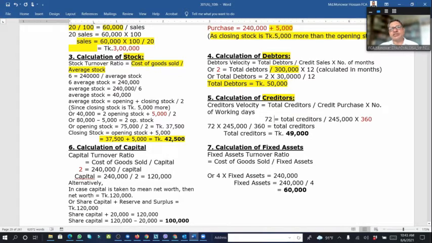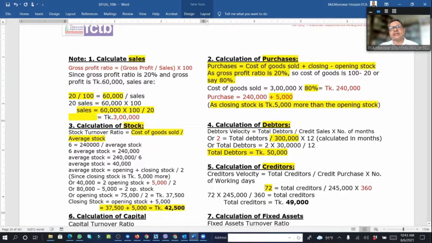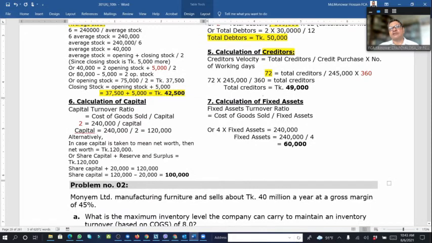So the velocity or turnover 72 equals total creditors divided by credit purchase. So what is the credit purchase? This is the credit purchase: 2,40,000 plus 5,000. So that 2,45,000 is the credit purchase, and 360 days in the year.